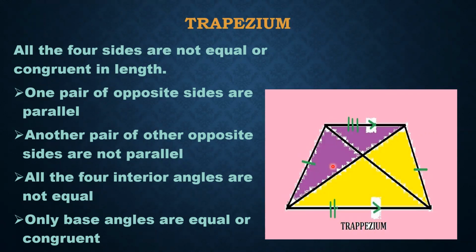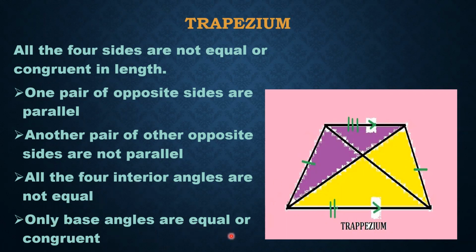Good. And then only base angles are equal or congruent. So here the base angles that form here are congruent, but not all the interior angles are equal. The opposite angles are not the same. The opposite angles here are not the same.